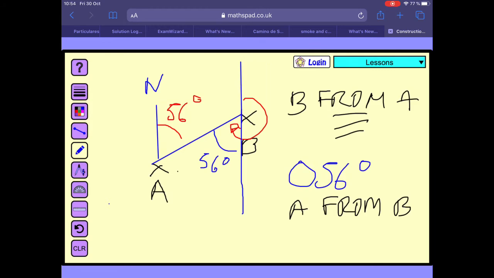The angles are alternate, so they are equal. So all of the angle in red here on the right hand side is going to be 180 plus 56. So the bearing of A from B is going to be 236 degrees. And that's it for now.